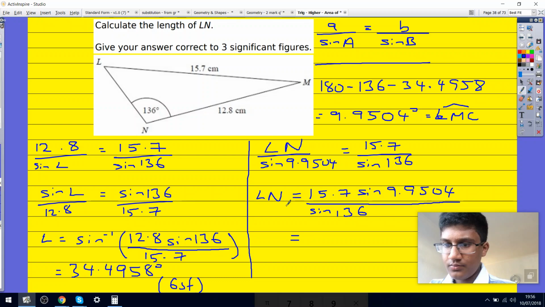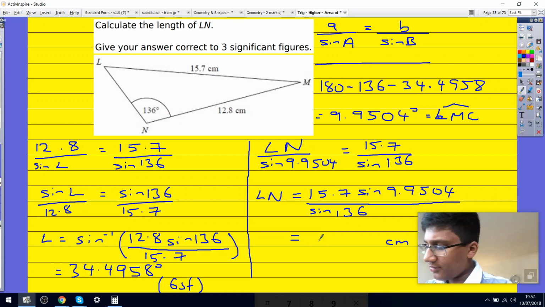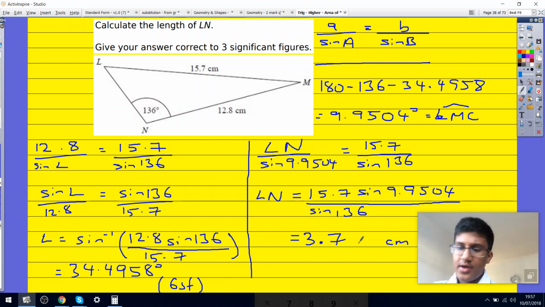And we get, in centimeters, 3.73 centimeters to 3 significant figures for that length.